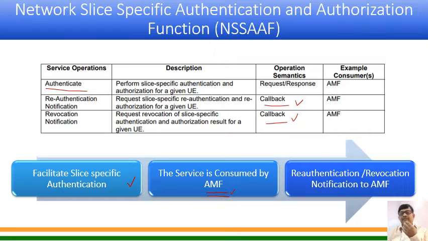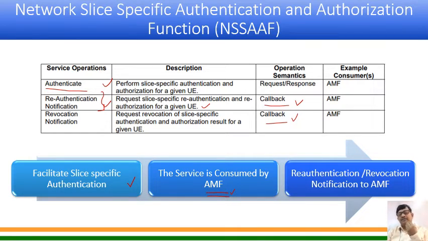Suppose it is decided that the UE has to be re-authenticated. So it will call back AMF and send a notification that re-authentication is required for a given UE. So AMF can start a re-authentication process using this service.